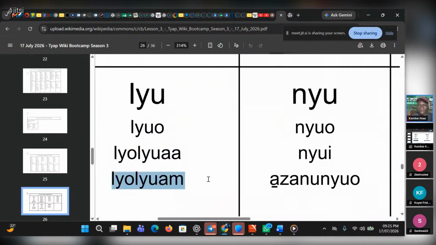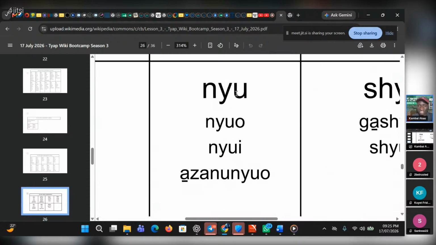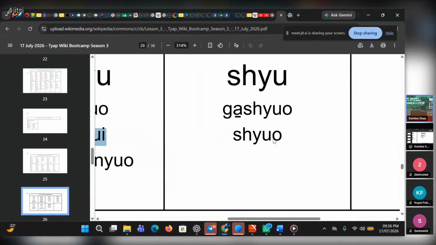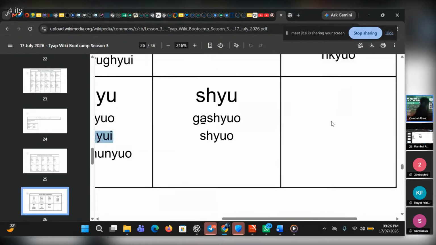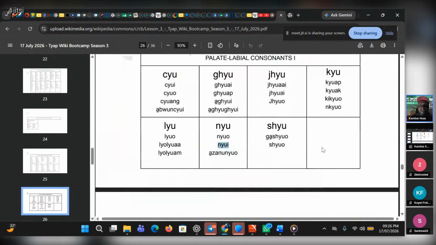Well, this one is supposed to be a labial version of the nya sound, but we are having it here. And the examples we have nyo, and then we have nui, and then we have azano nyo. And then the last one here, we have the palatal labial version of the sha sound. And right here we have gasho as an example, and then we have shu as an example. And then the second one has a W instead of a U here.